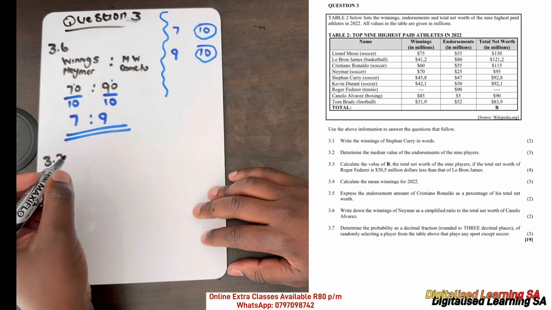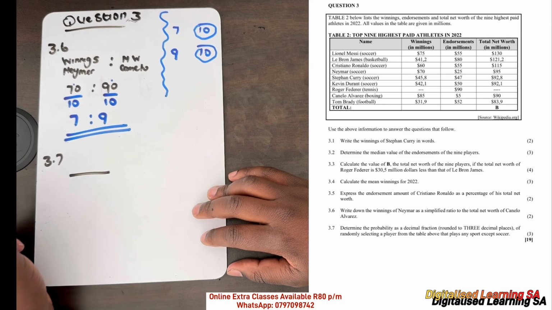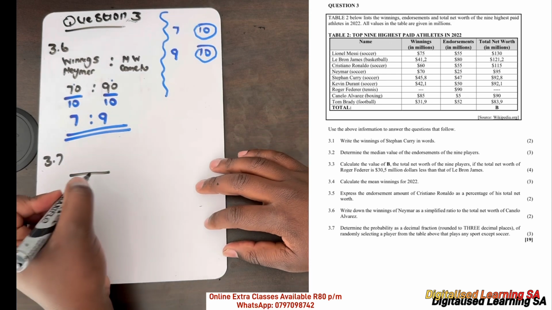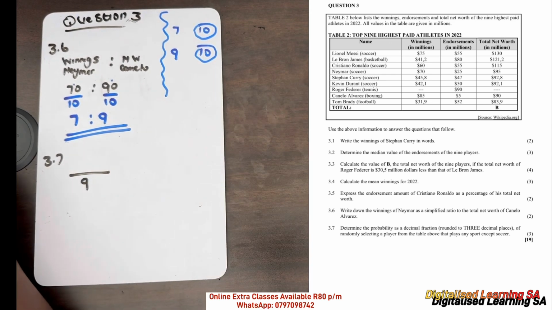To determine the probability, we need to divide by the total, which is the total number of athletes, 9.